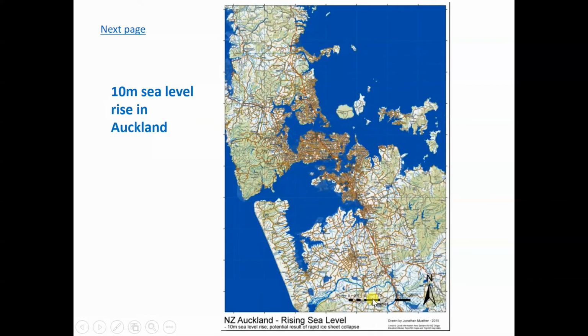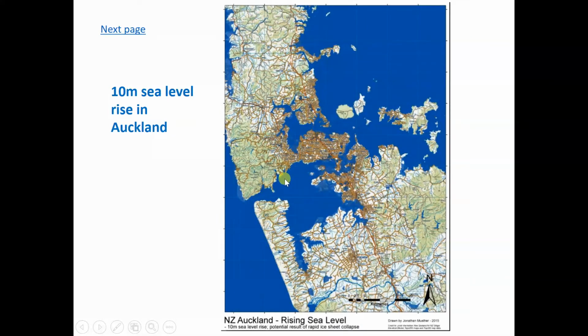So let's have a look at this sea level rise in Auckland. It could be many years from now. If there's a 10 meter sea level rise, many parts of Auckland will be flooded.